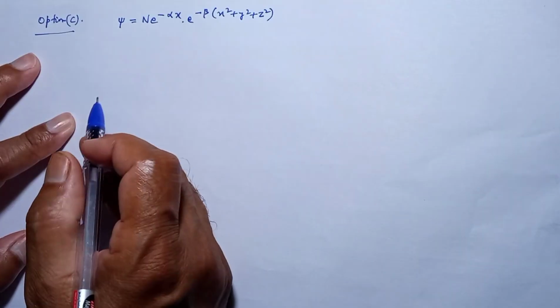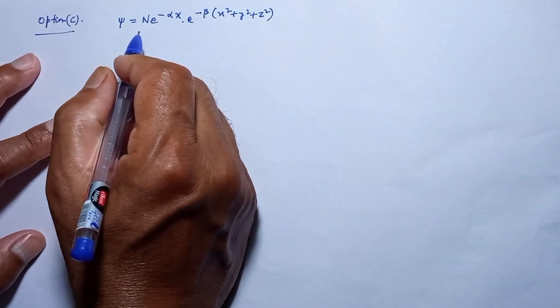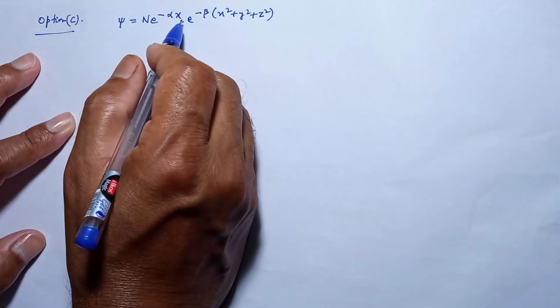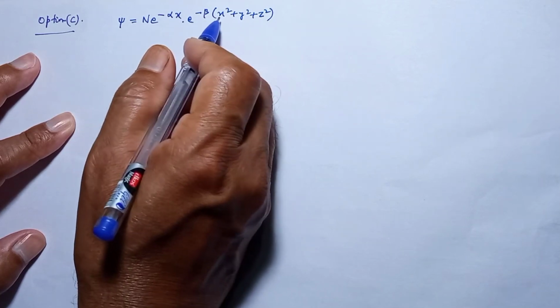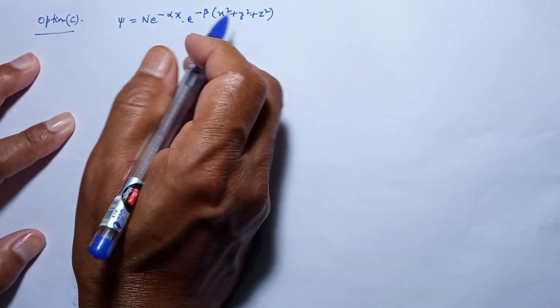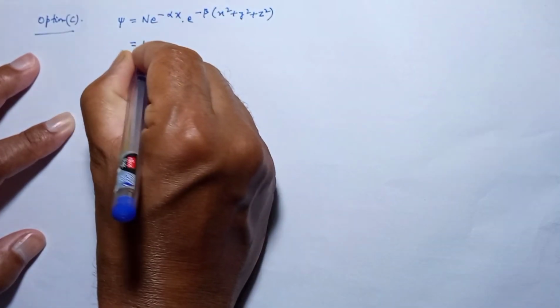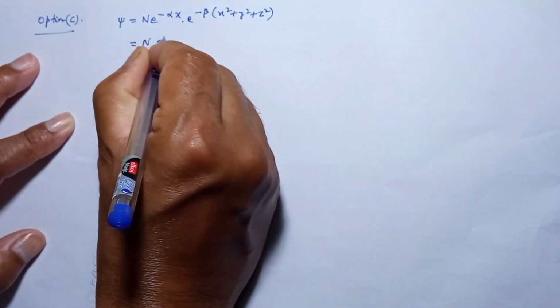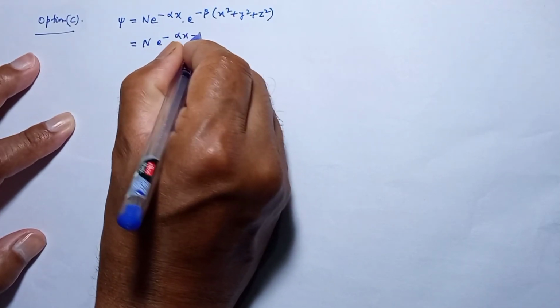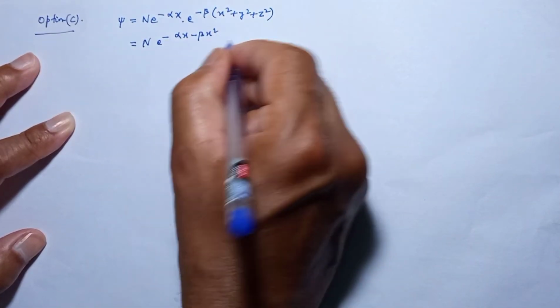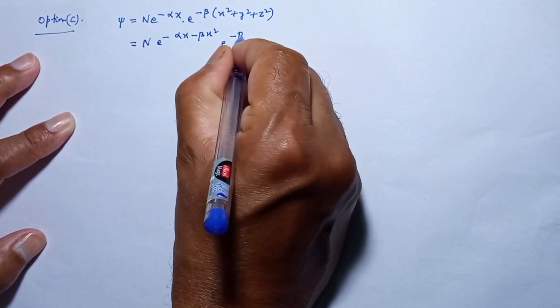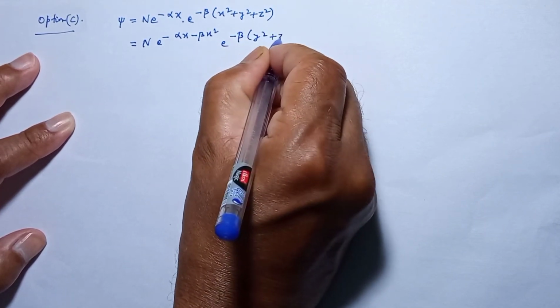Now we check option C, that is psi equals N e raised to minus alpha x, e raised to minus beta times (x square plus y square plus z square). Now keep x terms at one place, then it becomes N times e raised to minus alpha x minus beta x square, and e raised to minus beta times (y square plus z square).